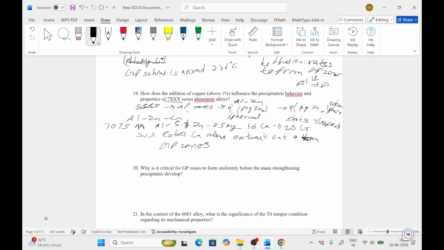So the extra copper will go into the GP zones and change the composition of the equilibrium phase and the precipitates.